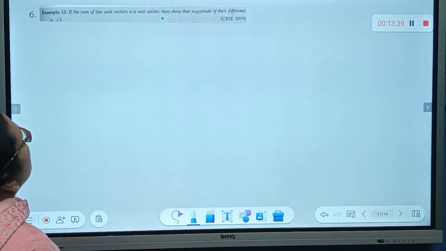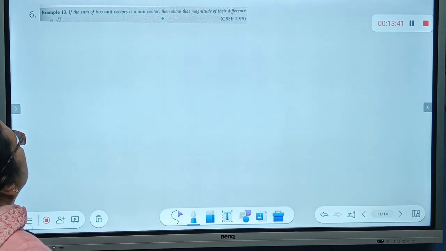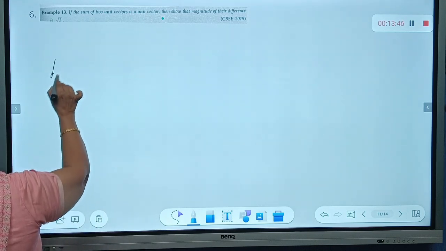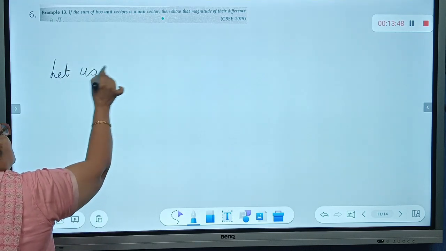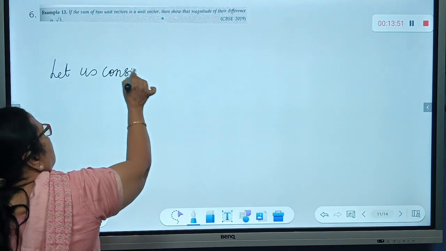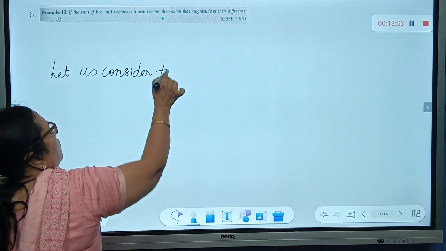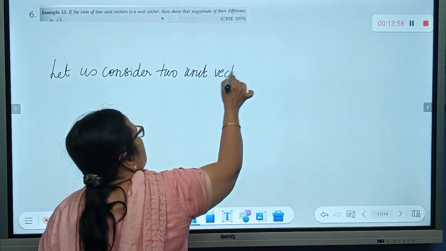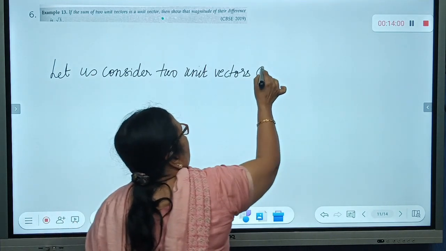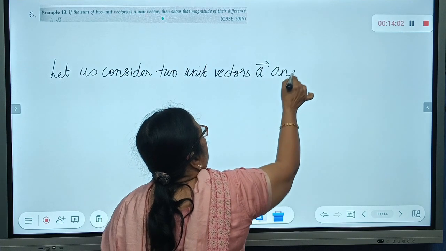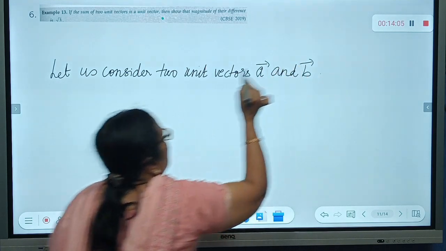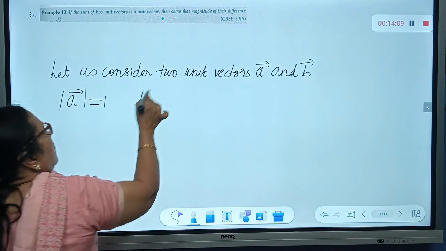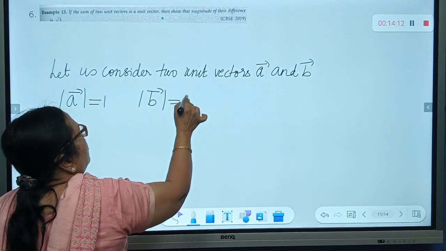Now, the sum of two unit vectors is a unit vector. Show that the magnitude of the difference is root 3. So, let us consider two unit vectors, A vector and B vector. Now, modulus of A vector equal to 1, modulus of B vector equal to 1.